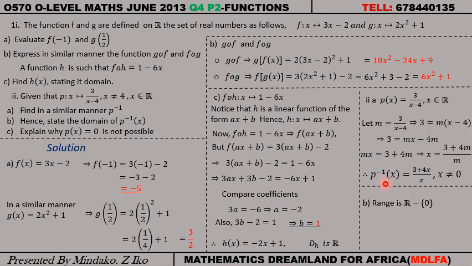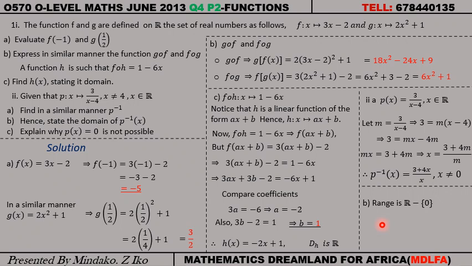So the range is R, the set of real numbers excluding 0. Please, sorry, this place was supposed to be state the range, not domain. So the range is the set of real numbers excluding 0.